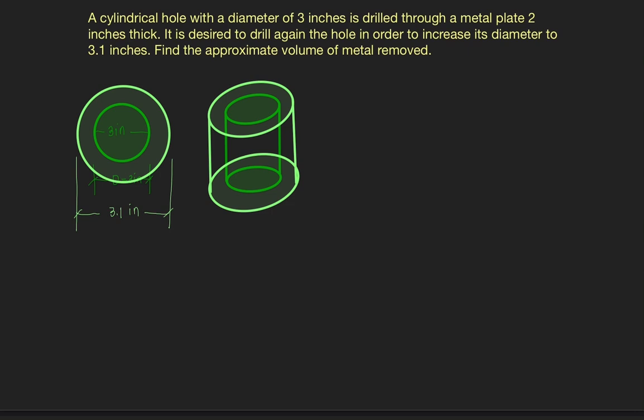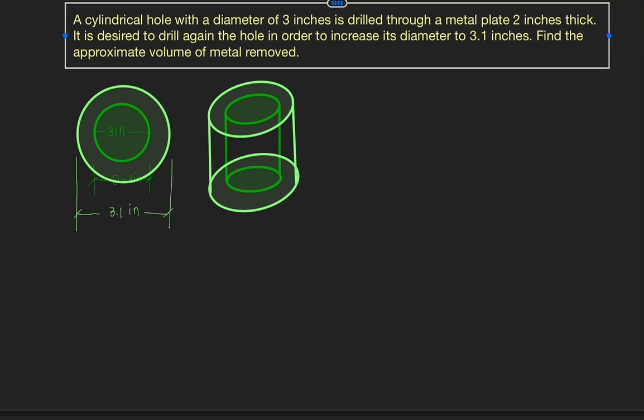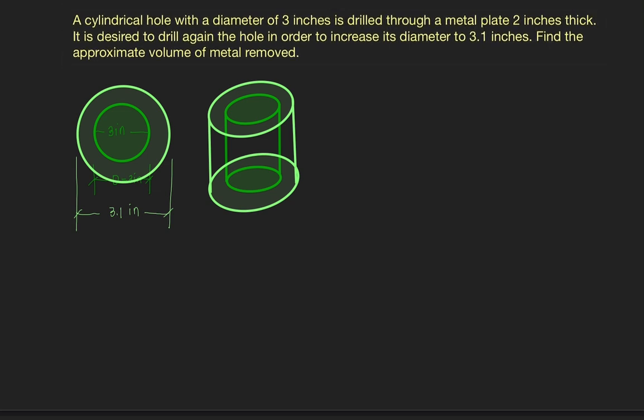But remember that the height of the metal plate does not change. The thickness here is given. The thickness is 2 inches. Okay, it's 2 inches thick.